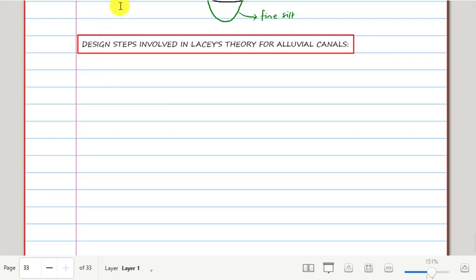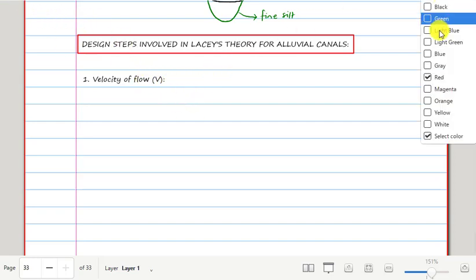So the first step is to calculate the velocity of flow, represented with V. What is the formula?